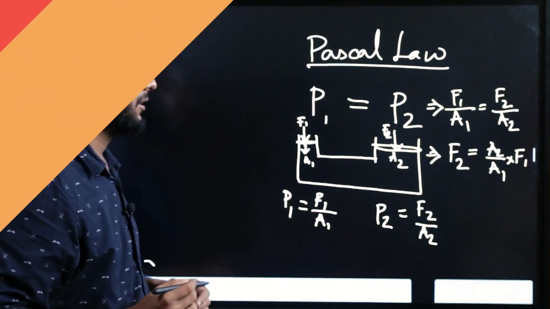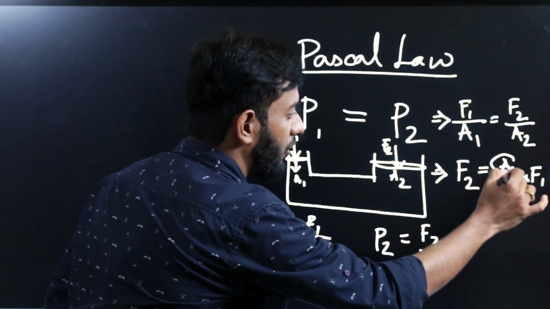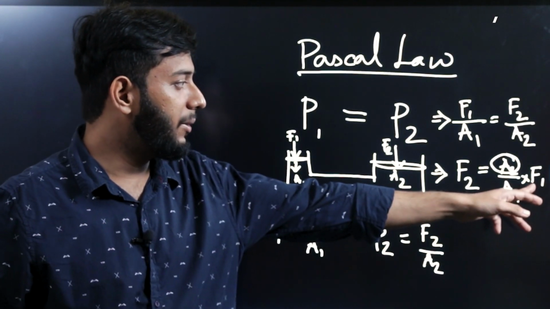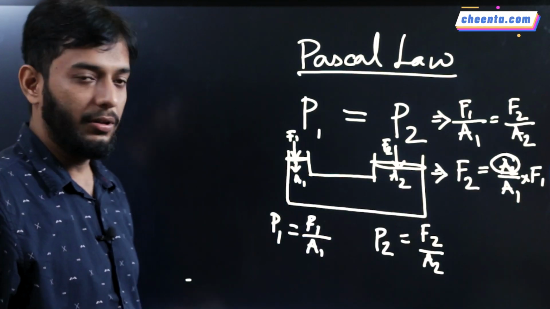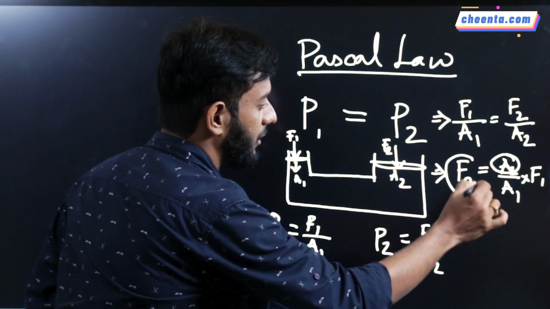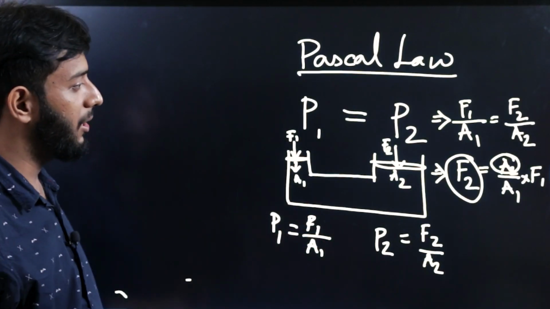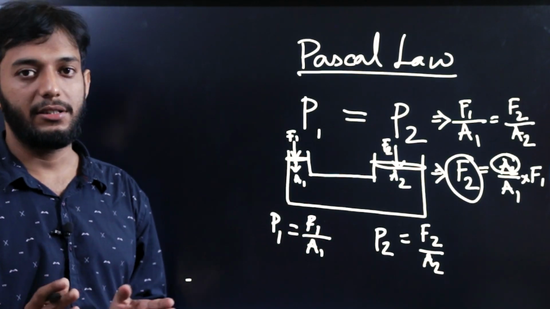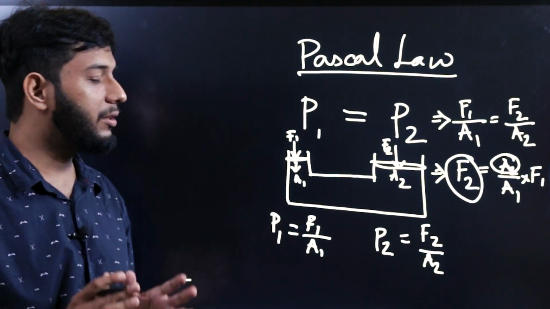That means if we choose a larger cross-sectional area for the second piston, the force in the second piston will be larger, and that's how all hydraulic systems work. We can control the force.